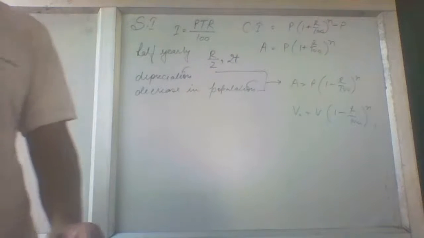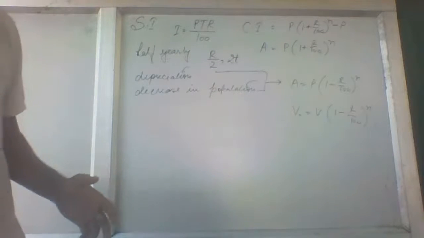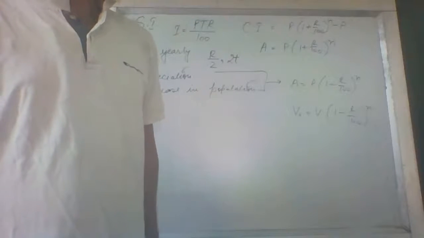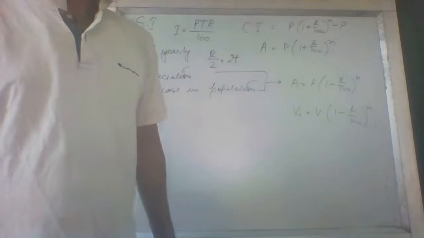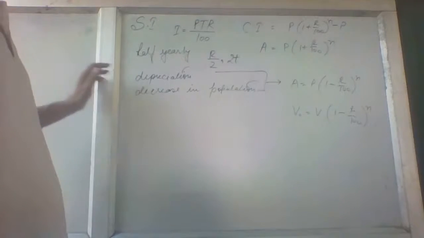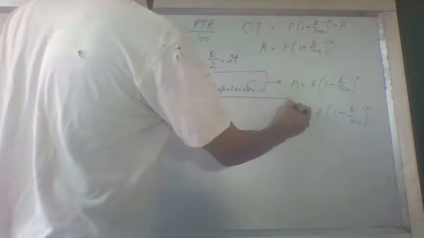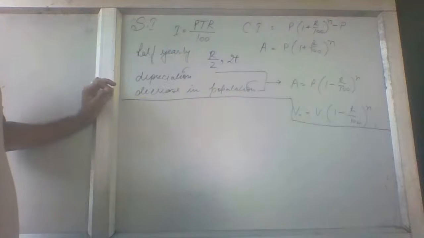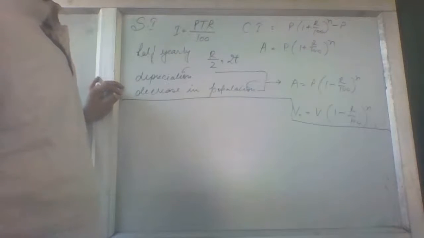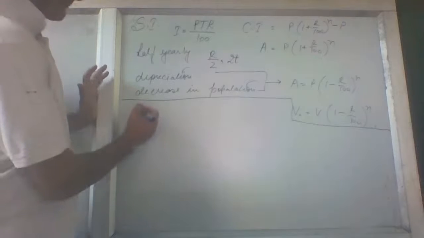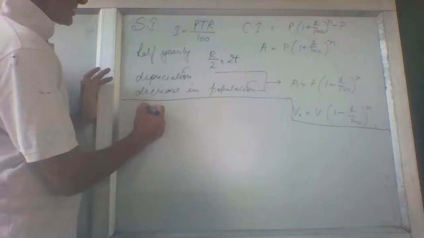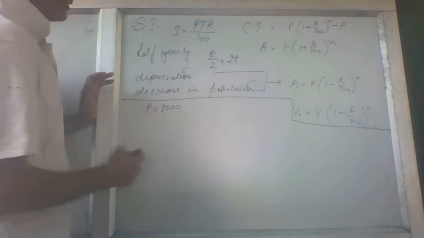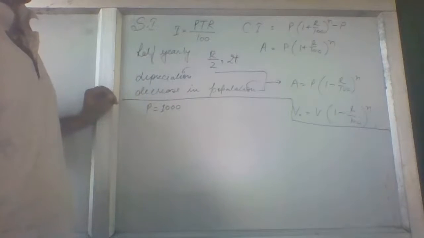So for these types of questions, suppose we take a few examples from our day-to-day life. Suppose this is a question which I am mentioning here. Someone purchased a 6 years national saving certificate for 1000 rupees. Means principal is 1000 rupees.